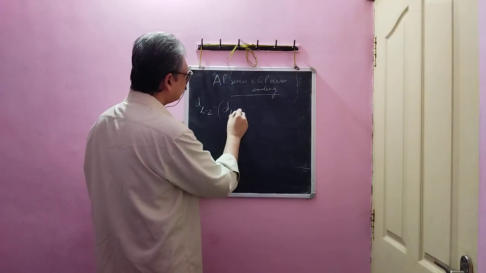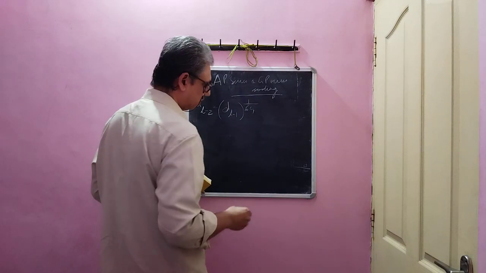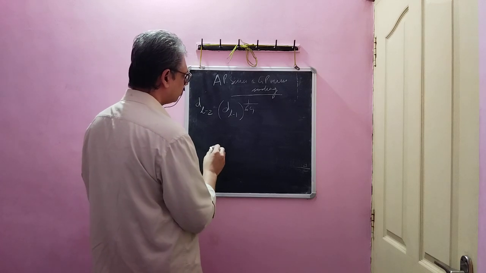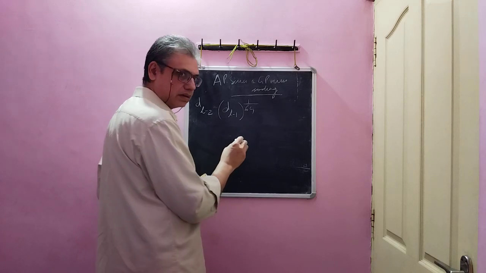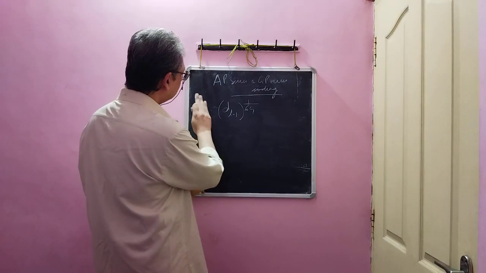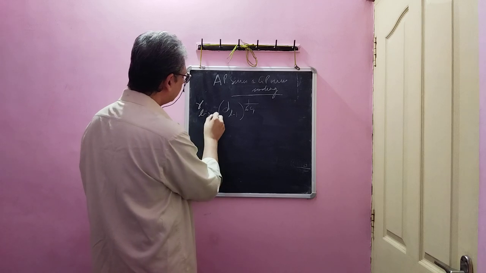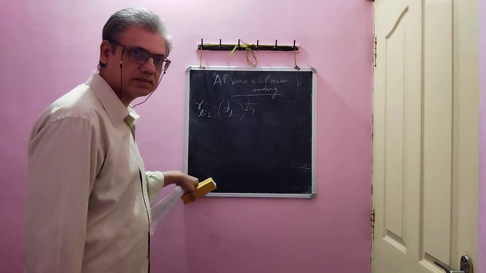So it will be dl minus 1 whole power 1 by 64. You'll have rl minus 2 equal to dl minus 1 whole power 1 by 64.